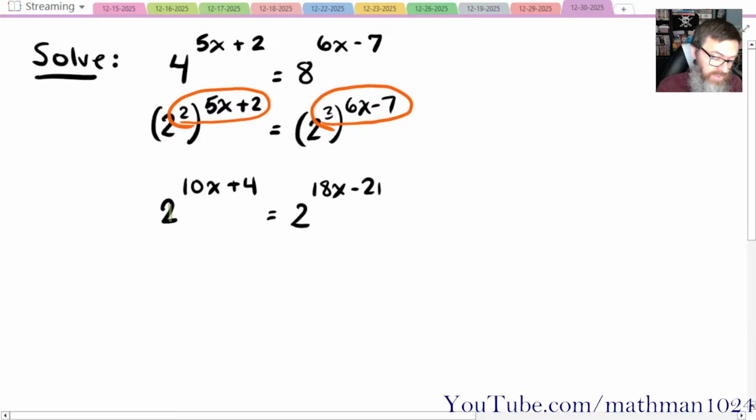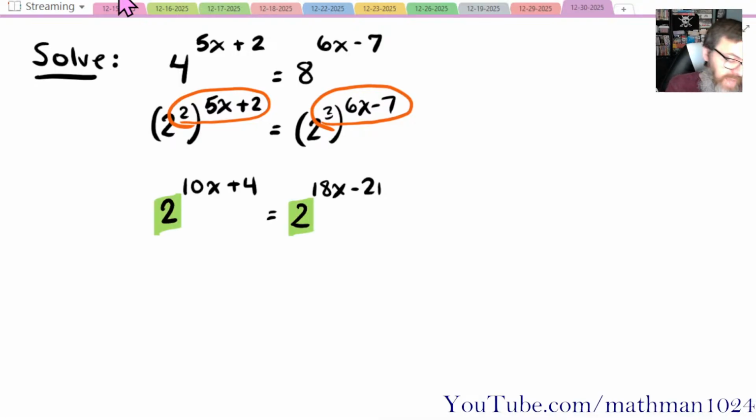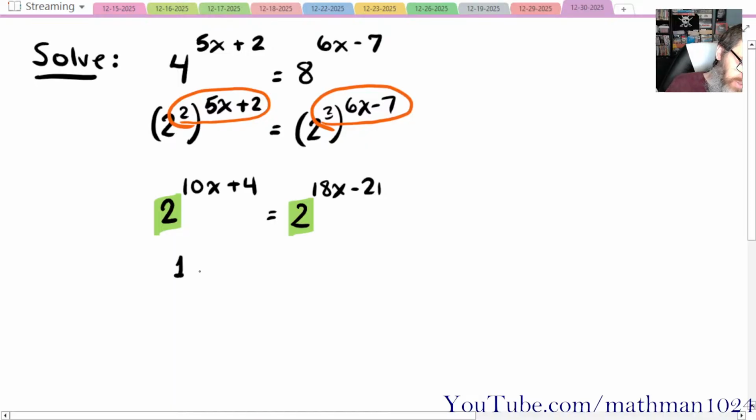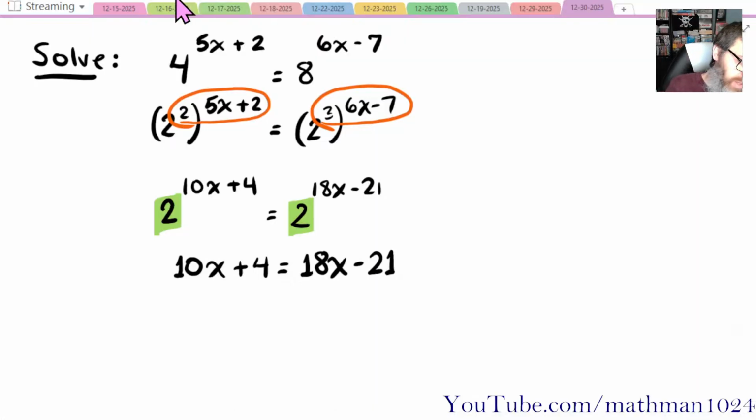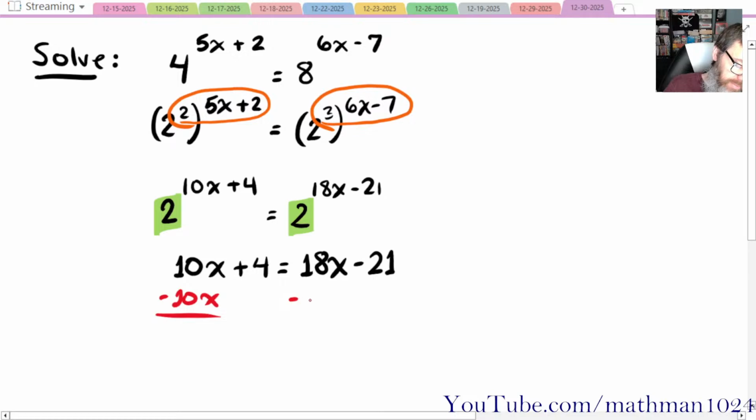These guys now have the same base. Everybody's happy. We get a nice linear equation to solve. Aren't we happy with that? I would subtract 10x so that I have a positive coefficient.